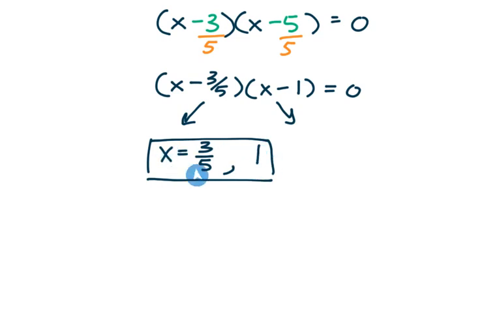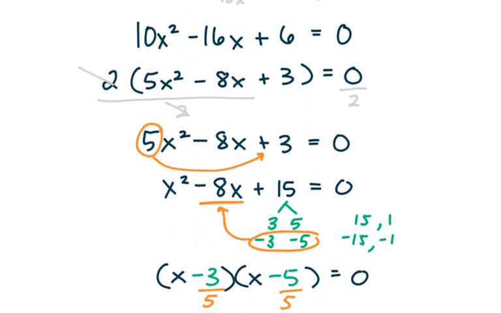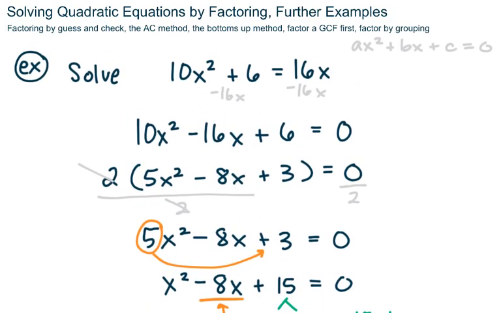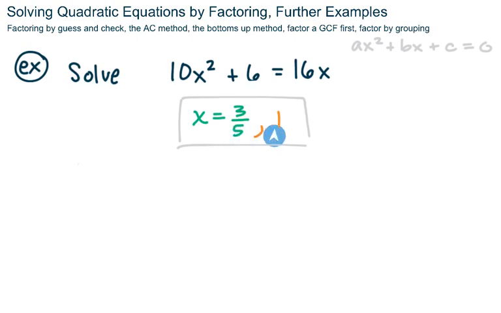Remember, when you get your two solutions, you should always check them in the original equation to make sure that they give you a true statement. So coming back up here, if we were checking both of those values, x equals 3/5 and x equals 1, I would plug 3/5 in to the left and right and make sure I get the same value on each side, just as I would plug in 1.